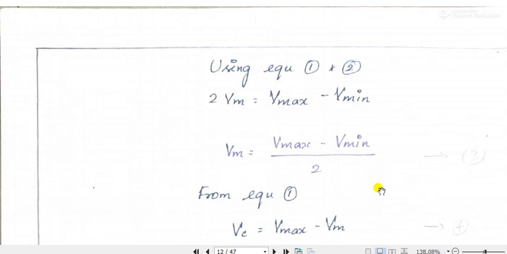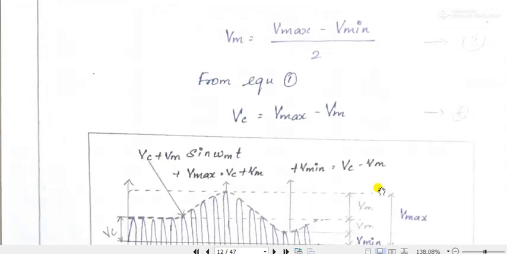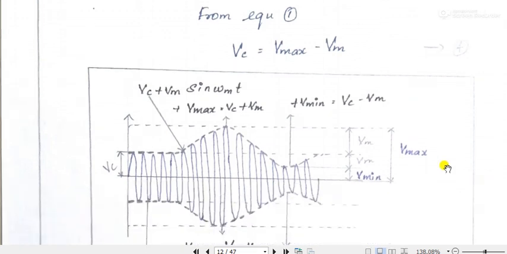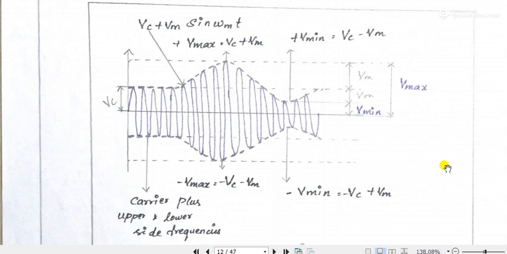From equation 1 we can find the value of Vc. Vc is equal to Vmax minus Vm. Now we know the value of Vm, so we can substitute equation 3 in 4. In the diagram, this is the carrier signal voltage Vc, and this is the modulating signal voltage, and up to this point it is Vc.